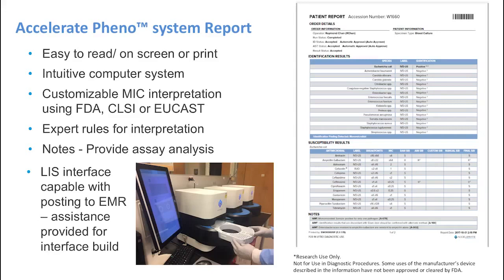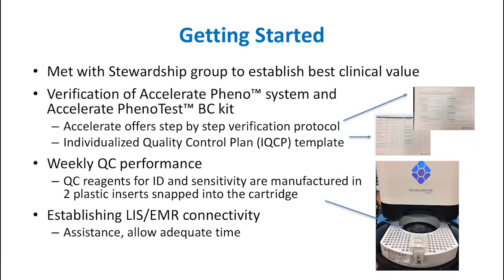It provides assay analysis, as you can see here. There are notes that provide you information for interpretation of the report, just like the current AST systems do. It's certainly interfaceable, and the people at Accelerate will help you and provide assistance in interfacing this instrument.